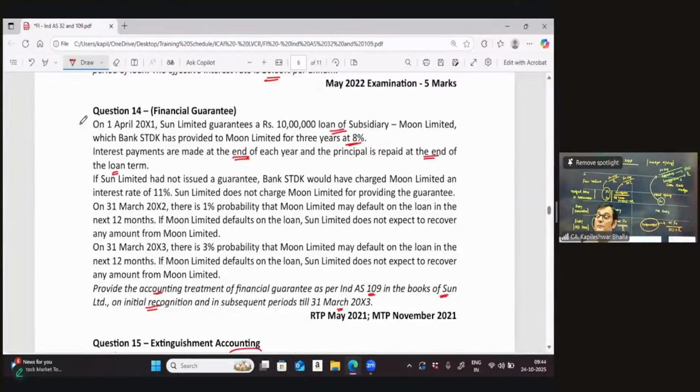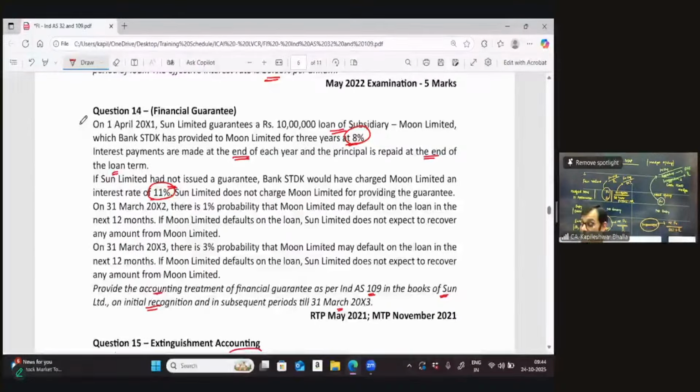So it's a bullet repayment of the principal, but as far as the interest is concerned, it is being paid on annual basis at the end of each year. If Sun had not issued a guarantee, the bank would have charged Moon an interest rate of 11%, which means the bank gave the loan to the subsidiary at the rate of 8%.